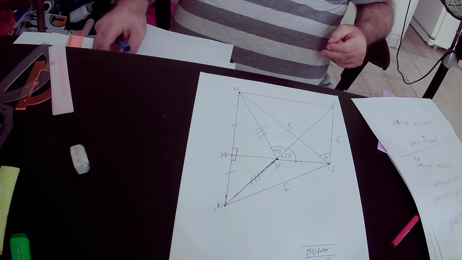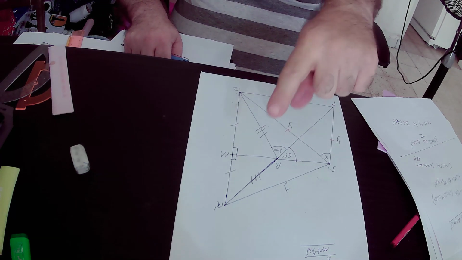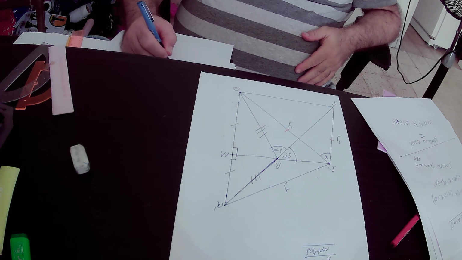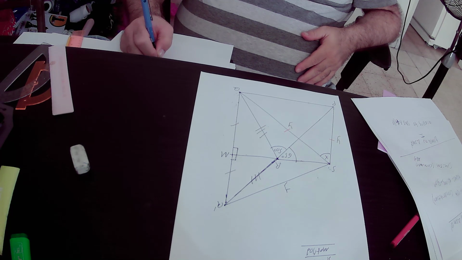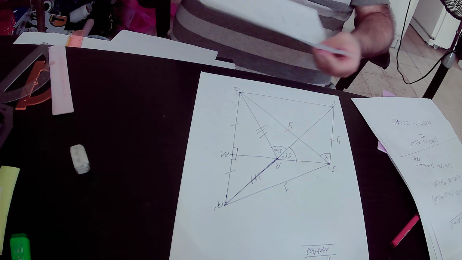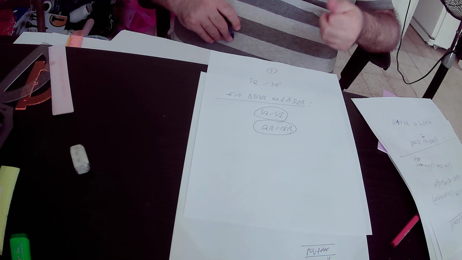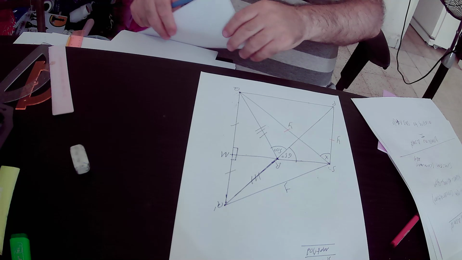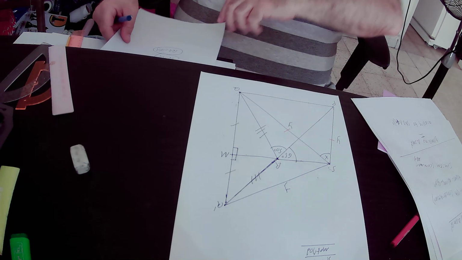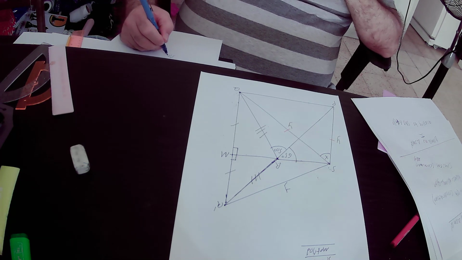And we have already proved that QR equals Q dash R, side QR equals side Q dash R, and SR is a common side, it belongs to both triangles, so SR equals SR as a common side.